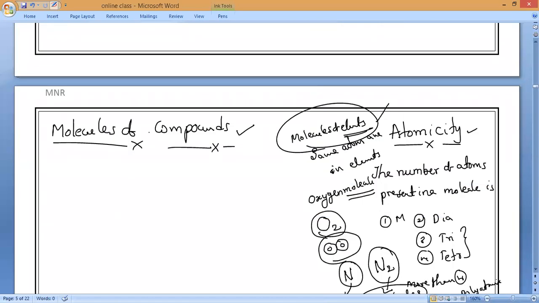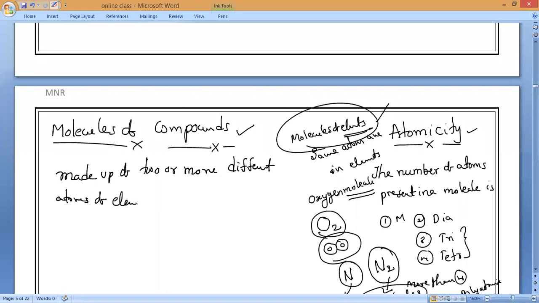Now, molecules of compounds are actually made up of two or more different atoms of elements.